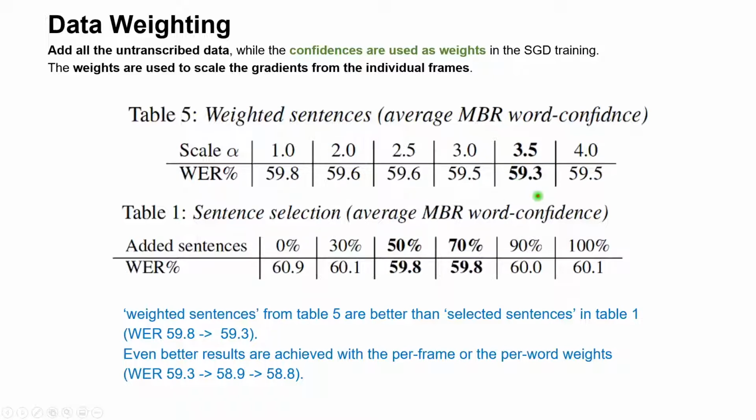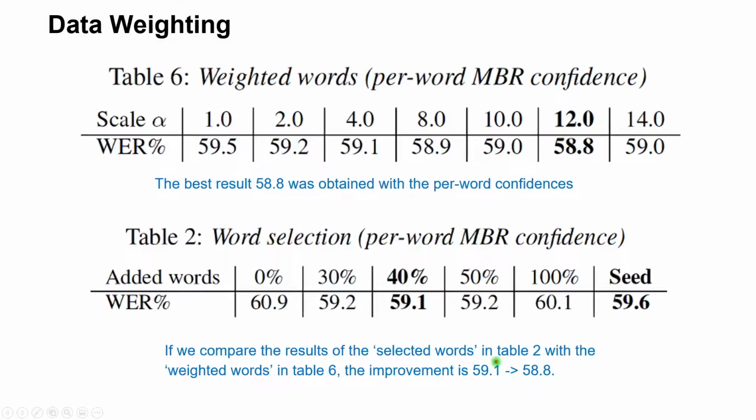And here if you see, with weighting sentences, depending upon what alpha you choose for providing the weight, the alpha being a tunable parameter, this particular value of alpha gives a better value for the weighted sentences.